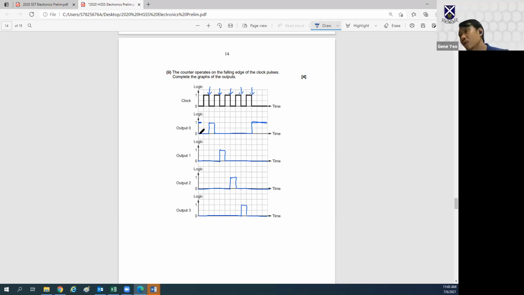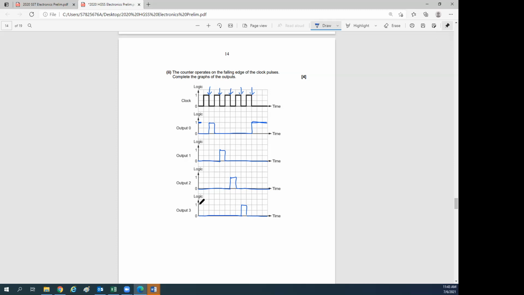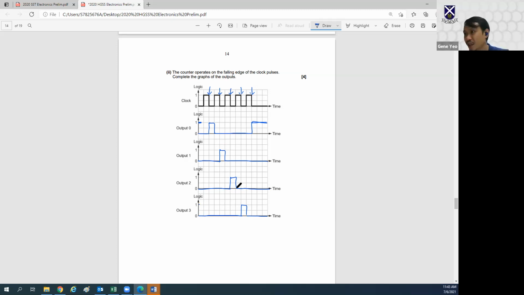It will not be a 0 at the start actually, because if we assume that it's going to start counting 0 here, right? Then actually the start should be a 3. You get it? Because it's 0, 1, 2, 3, 0. So before a 0 appears again, it is a 3.